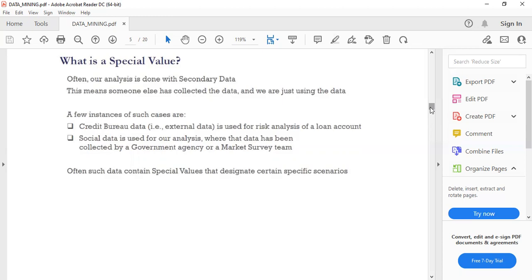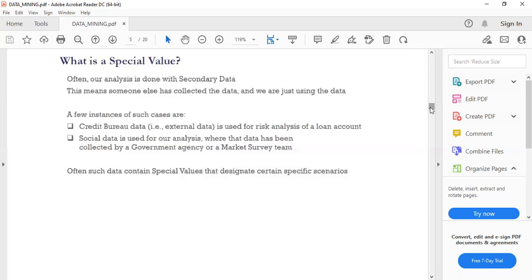You have to collect it from some established source, that is from some government agencies or some paperwork. Someone else has collected that data for a different purpose, and now you are going to use that data for your own use.